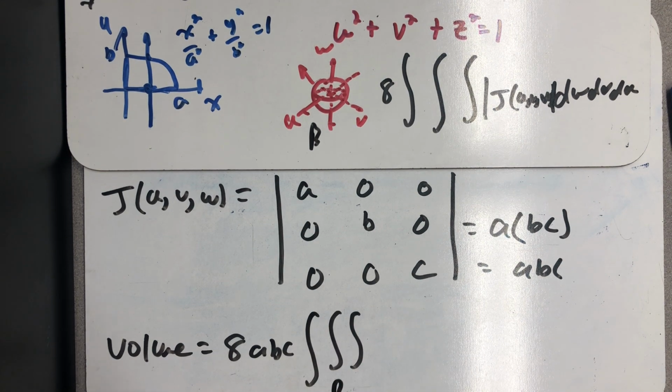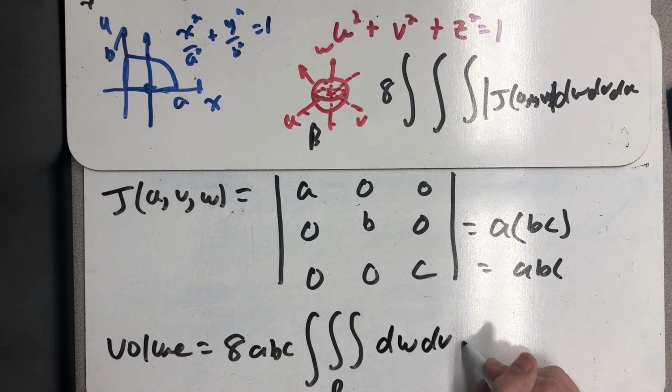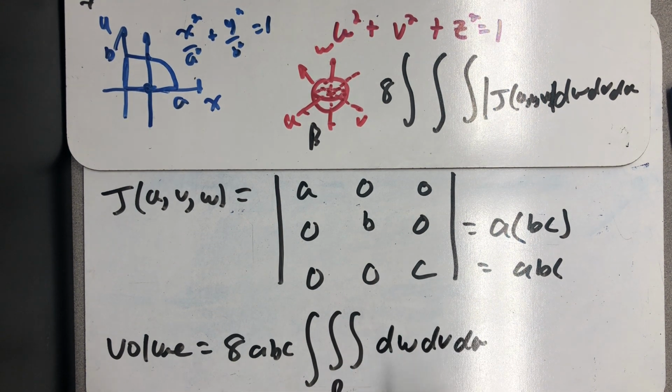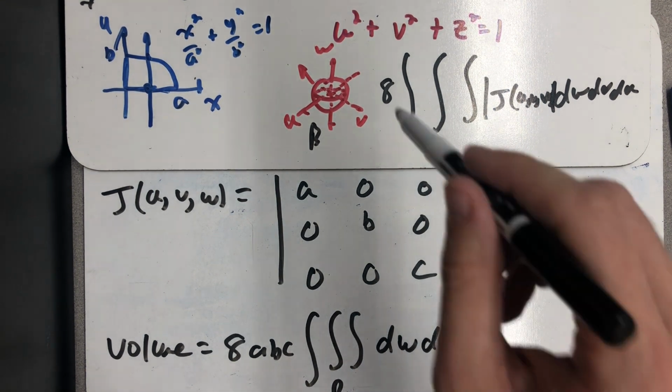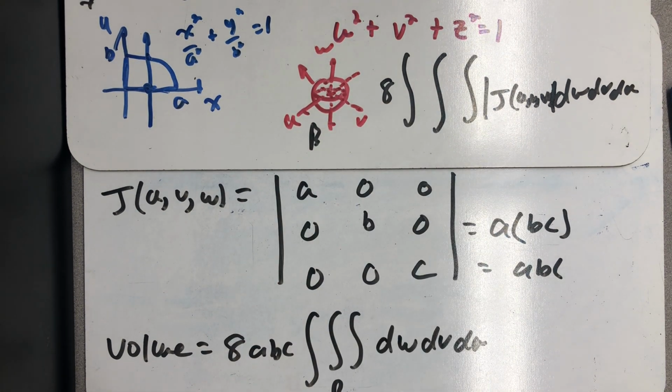Literally a unit ball. And now that's a dw, dv, du. Well, this triple integral is literally just asking me for the volume of that ball, right? That's what this is. It's the triple integral over the differential operator dV.